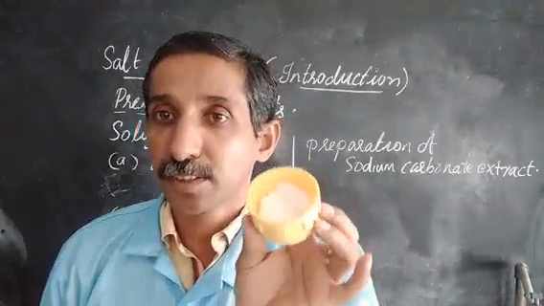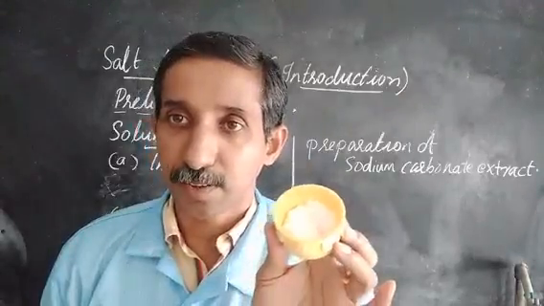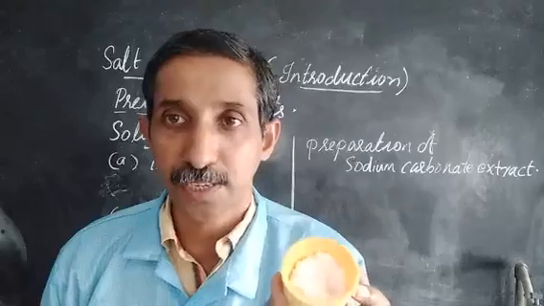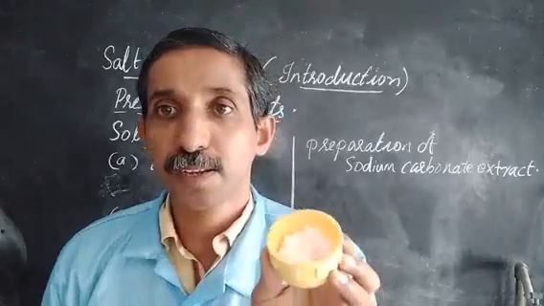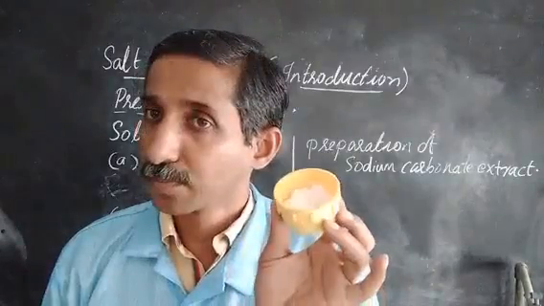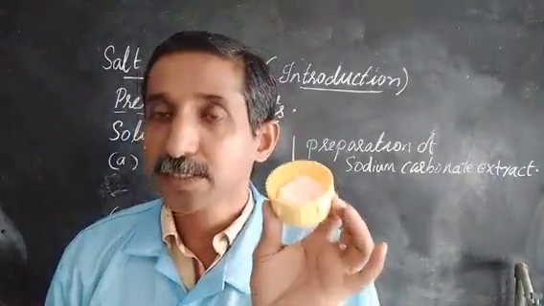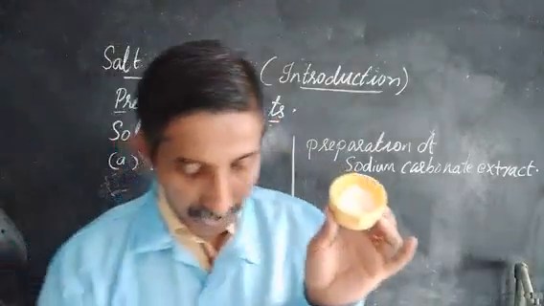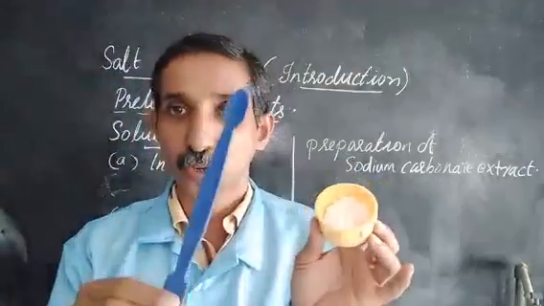take this salt with sodium carbonate in the ratio 1:3 to prepare the sodium carbonate extract. What you will be taking is one spatula. You know what a spatula is? This is a spatula.